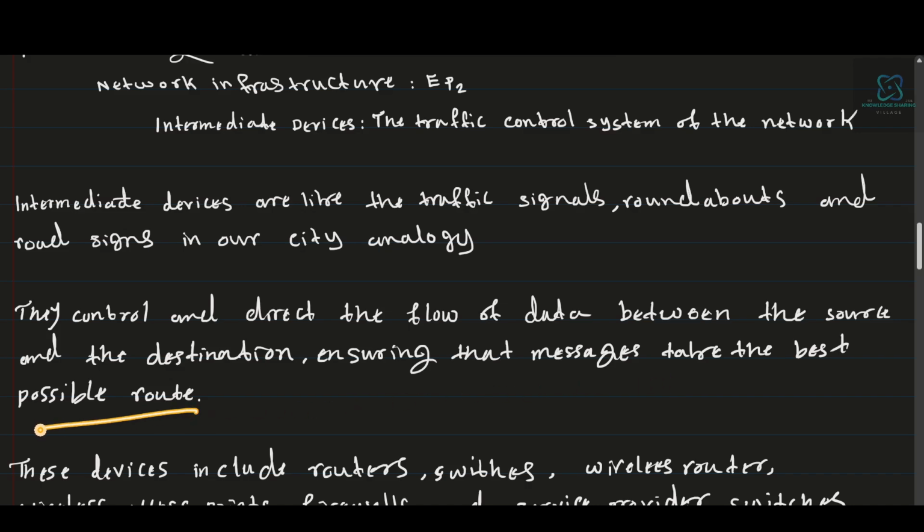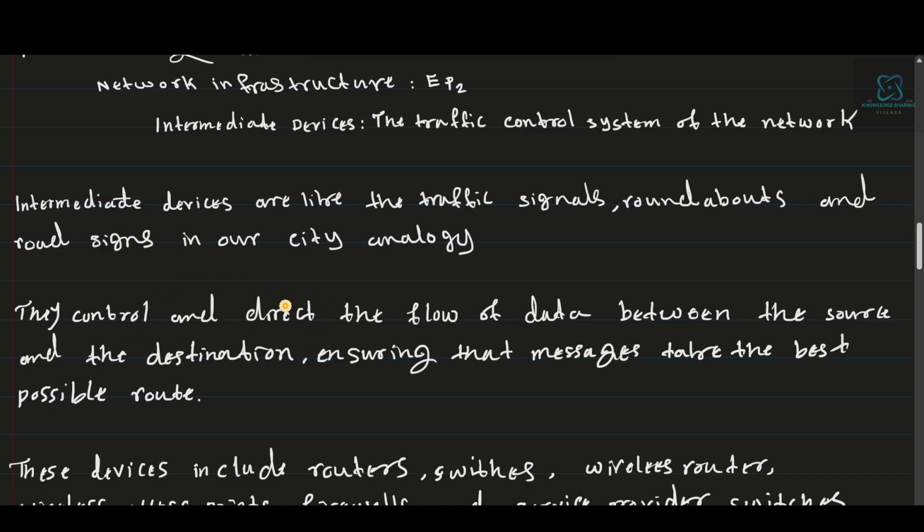For example, if in the city there is congestion on one road, or one road is blocked due to construction work, then the traffic control system, the road signs and traffic lights, direct the traffic via other roads.